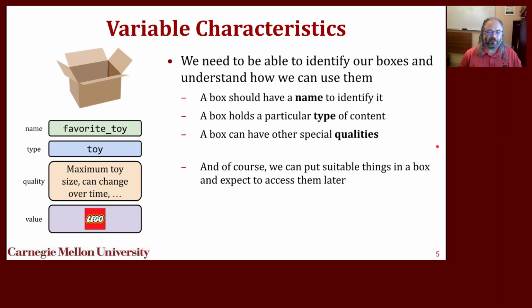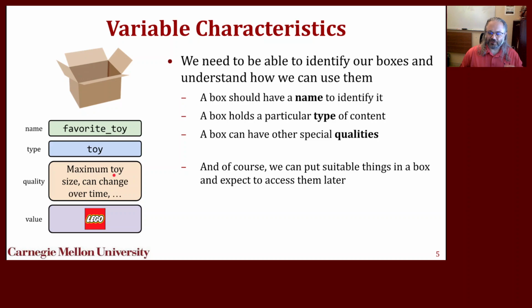As an example, suppose I have a box here that stores my favorite toy, and so I label it favorite toy. The type of content, well, it's a toy, so I'm going to make my favorite toy a special type of toy. I might have some particular qualities, like maybe there's a maximum size that my toy can have.